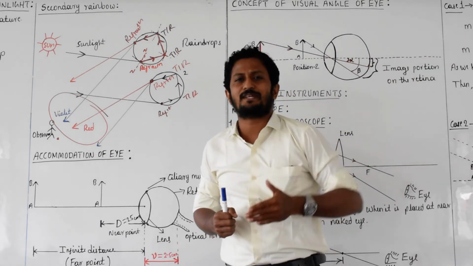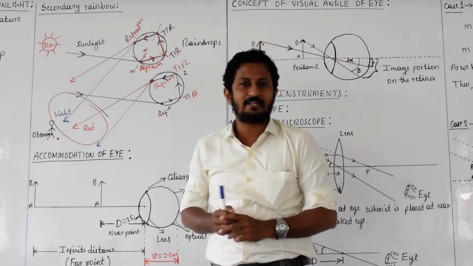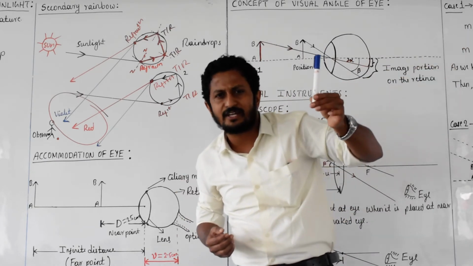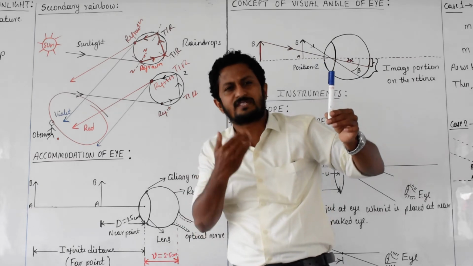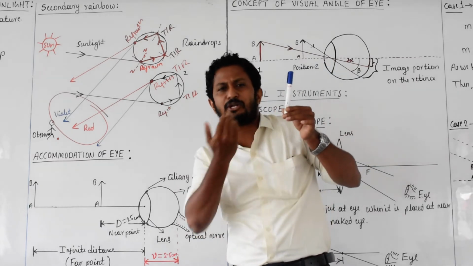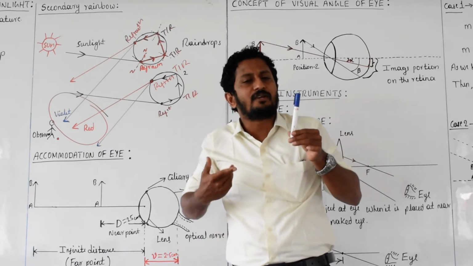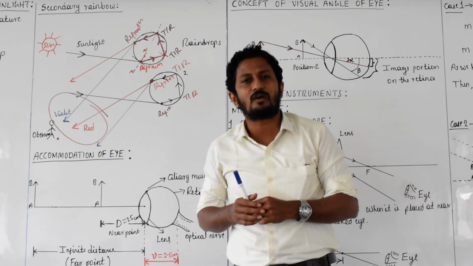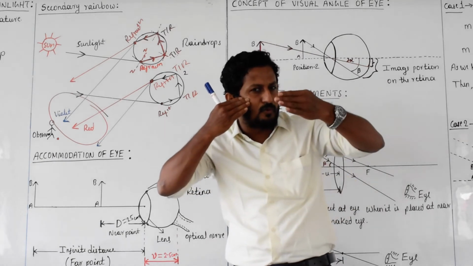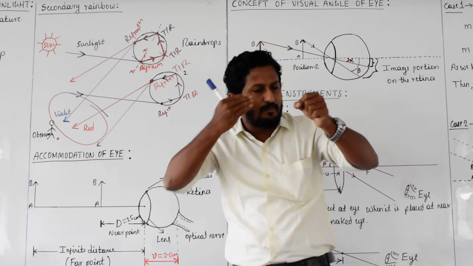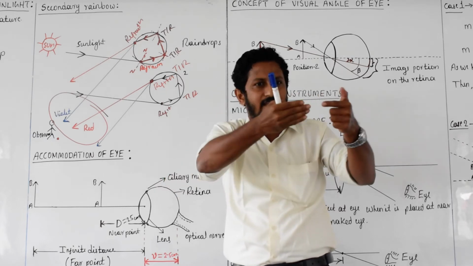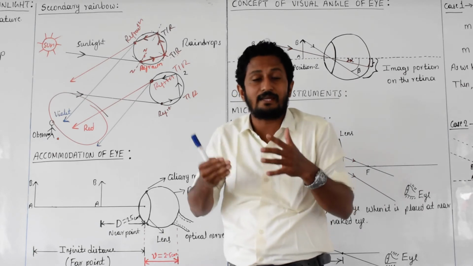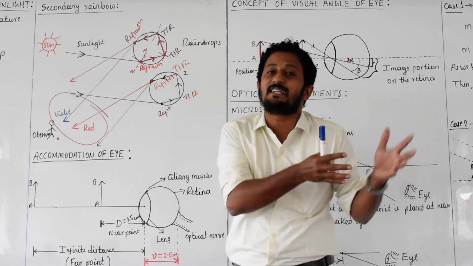Then one more is there, the near point. I said already, when the object was too far and you bring it near to your eye, when it crosses one particular point, at that time your eye is not able to see it clearly. It means that between that point and your eye, if the object is there, then the eye is unable to see its clear image.